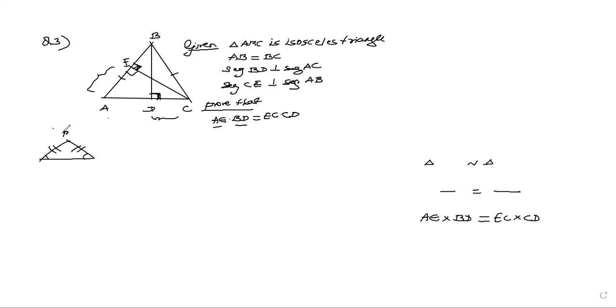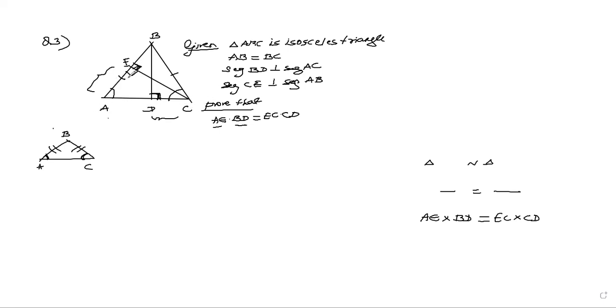So when you look at this big triangle BAC, there are two sides equal, AB equals BC. So naturally, angle A should be equal to angle C. A belongs to triangle CEA and C belongs to triangle BDC.